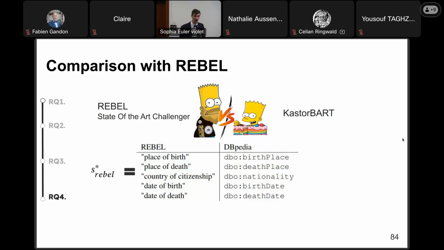As we also wanted to compare ourselves with other models, we use Rebel, which remains a strong state of the art today, to compare the performance of our model with this model. And as Rebel isn't able to extract all the properties we are focusing on with our complete shape, we now propose a subset of this shape, focusing only on the properties that Rebel can extract.